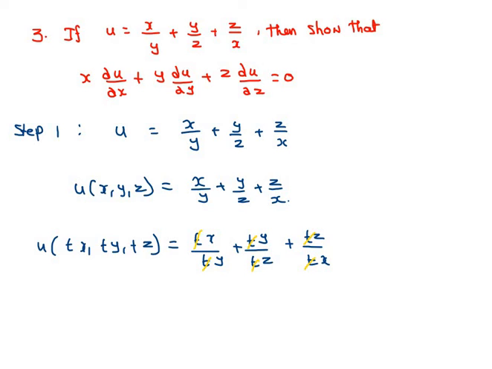Then we have x by y plus y by z plus z by x, which is the given function u. So this is in the form t to the power 0 into u. So from this we can conclude that u is a homogeneous function of degree 0.